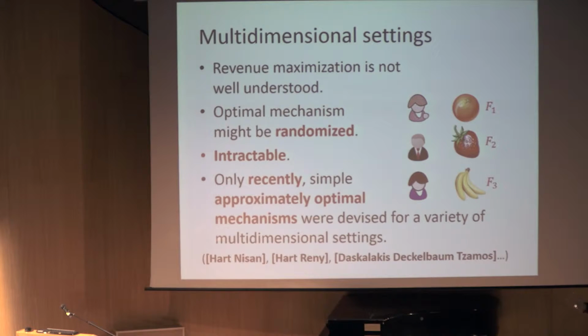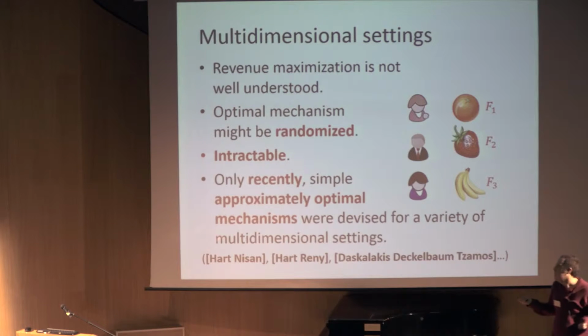Okay. So in this setting, as explained in previous talks, it's really complicated. We don't fully understand the optimal mechanism yet. It's not like in the single item setting, where Myerson gave us a nice characterization. Sometimes we need to use randomization.